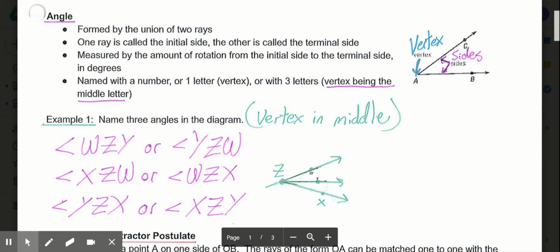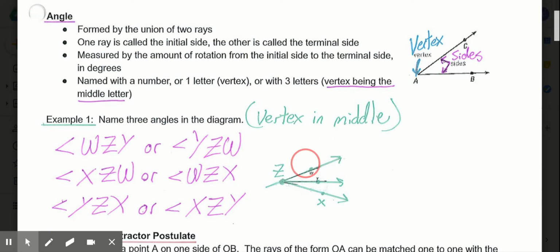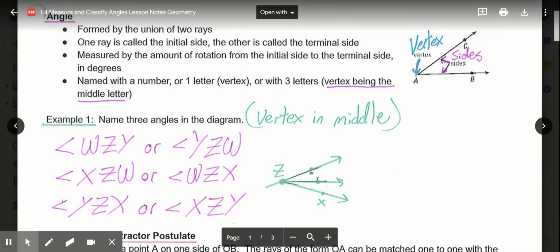So then, 3 angles in the diagram. One angle would be angle WZY, so from W to Z to Y, or that's the same as YZW. So that top angle here is YZW or WZY.